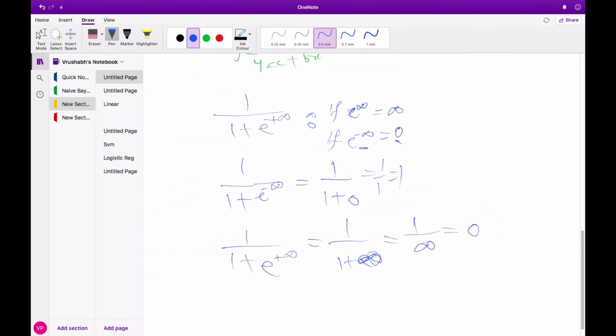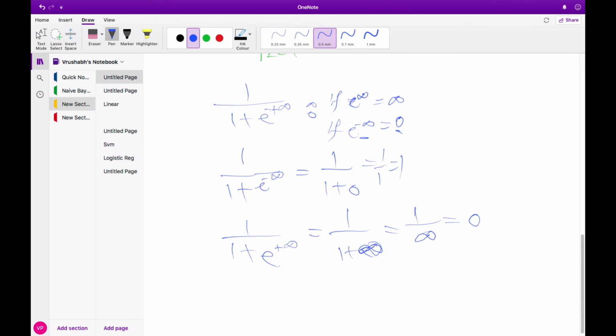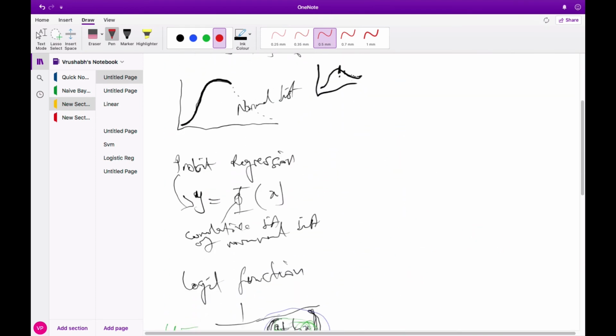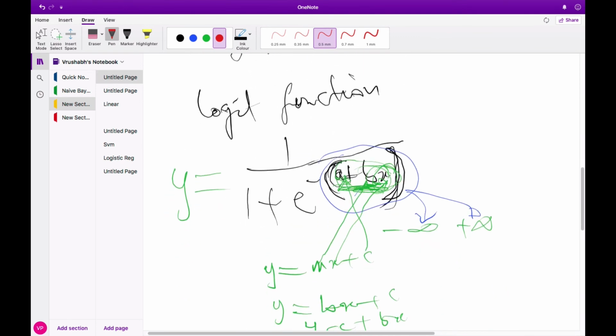So now what is happening here is that we'll be able to bring all the values that we have between 0 and 1. Then that is what makes this Logit function more useful in production.